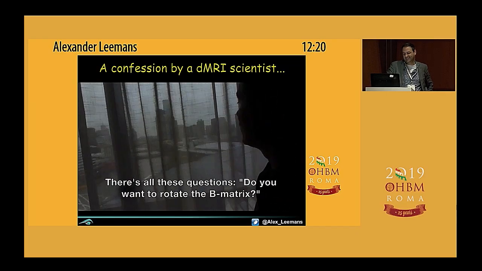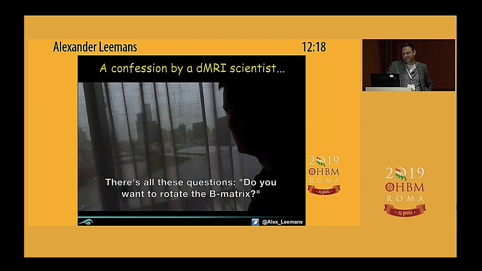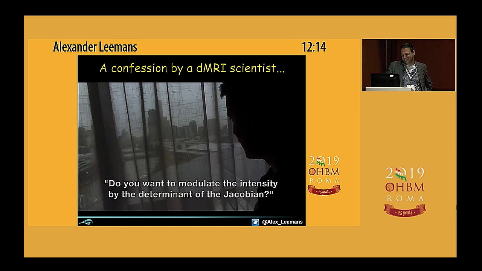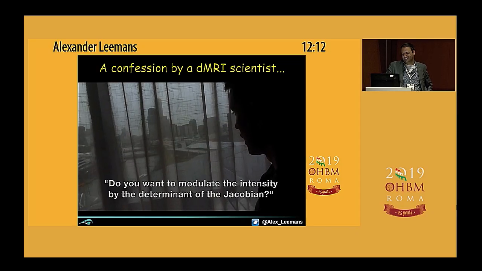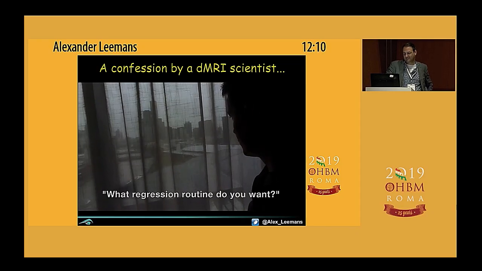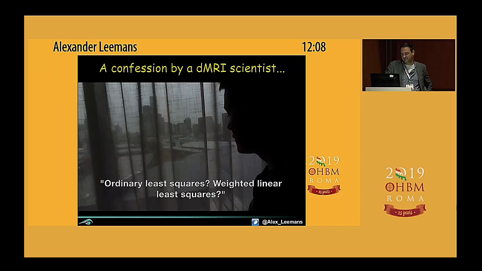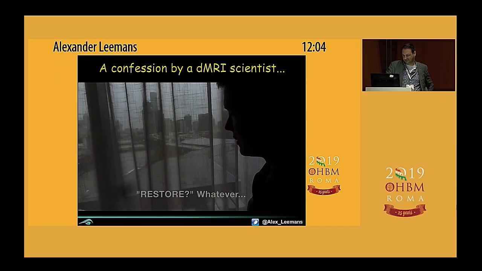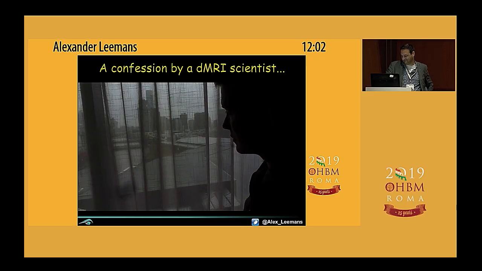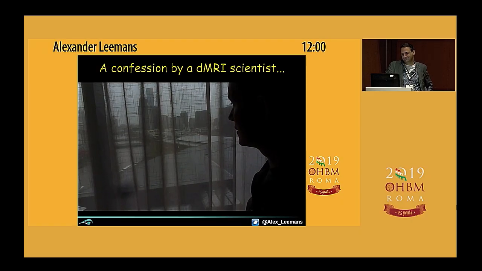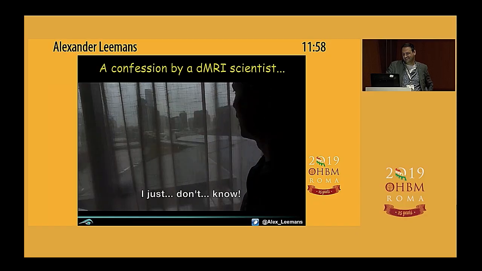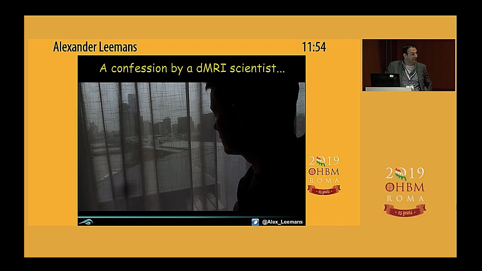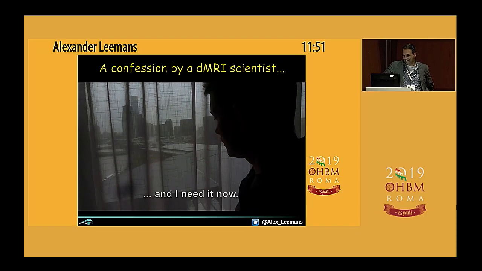There's all these questions. Do you want to rotate the B matrix? Do you want to modulate the intensity by the determinant of the Jacobian? What regression routine do you want? Ordinary least squares, weighted linear least squares, RESTORE, whatever. Thing is, I just don't know. I need help. I need lots of help. And I need it now.